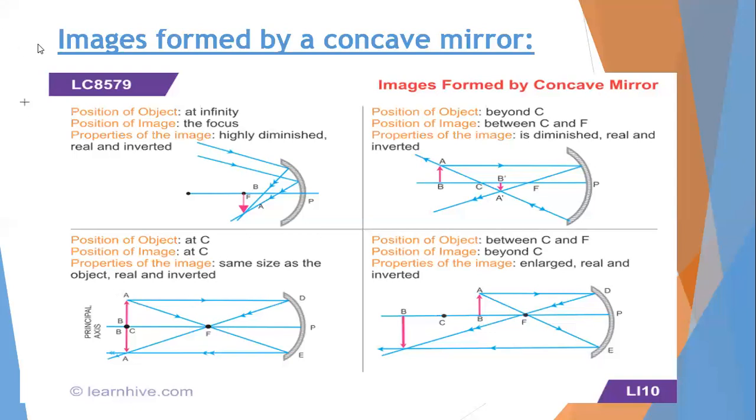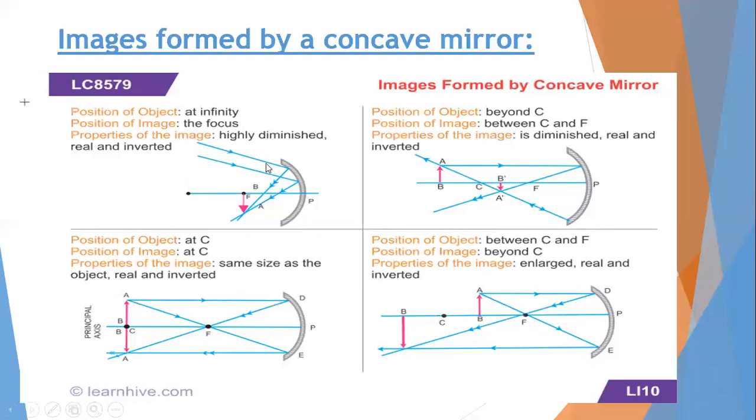In this first case, this is a concave mirror. The object is placed at infinity. Infinity means infinite distance.